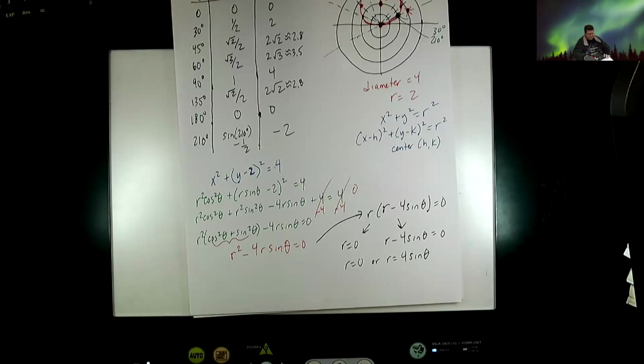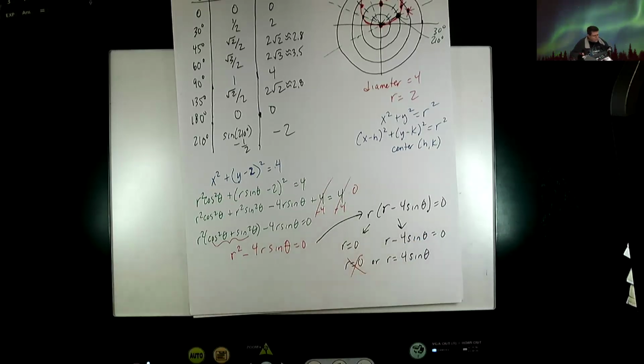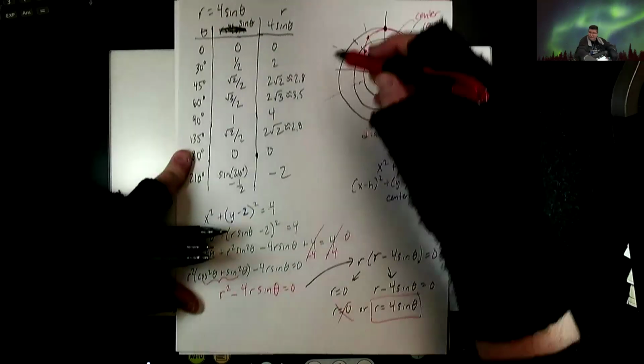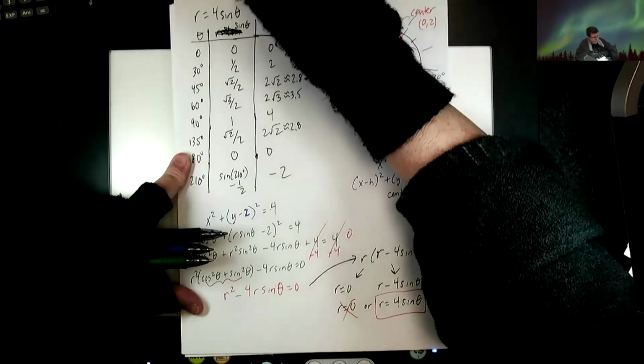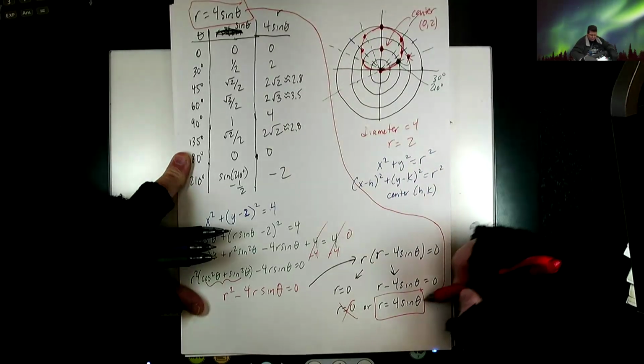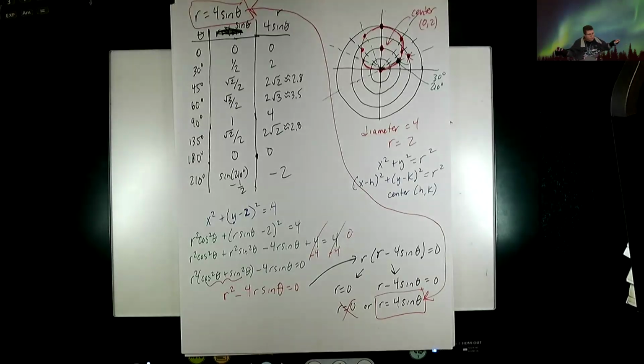But r equals 0 doesn't even make sense. That's just doing 1 point. That's a waste of time. And look at that. Boom. We were right in our guess. Well, my guess. If you guessed the same thing, good.